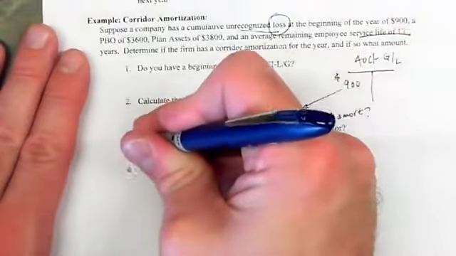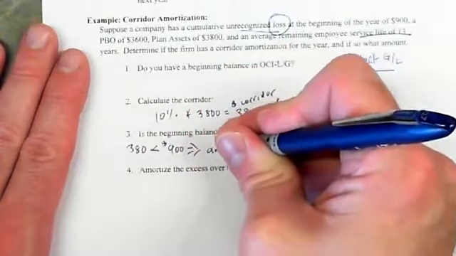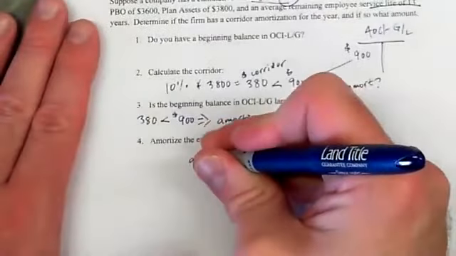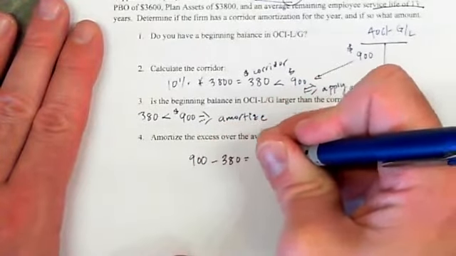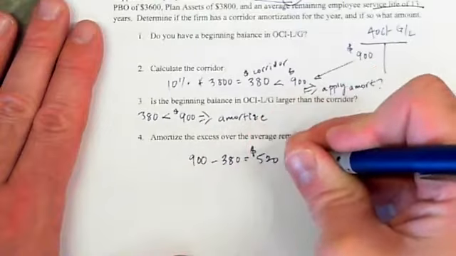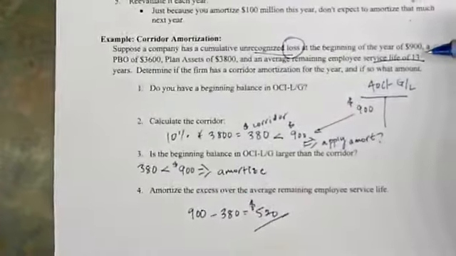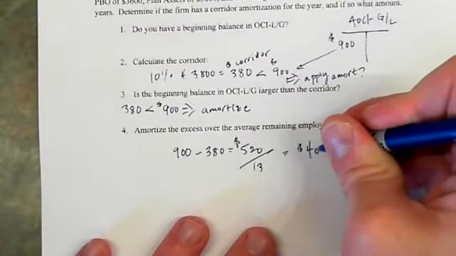So yes, $380 is less than 900, which implies that we amortize. And now the amount we amortize is going to be $900 minus $380, which is $520. This is the amount to amortize over the remaining service life of our employees, which is 13 years. So that comes out to $40.